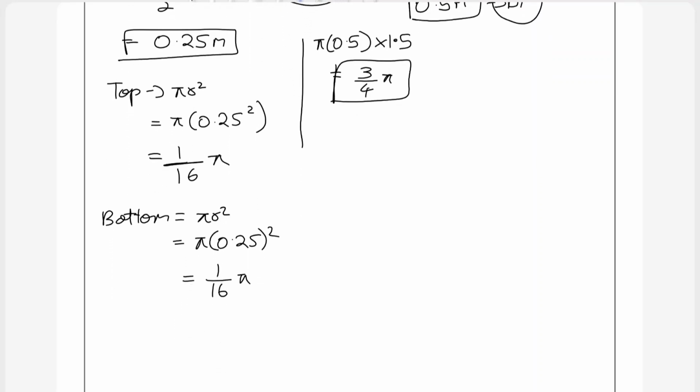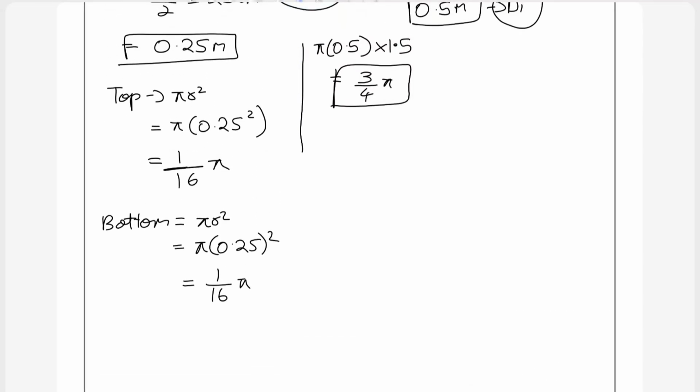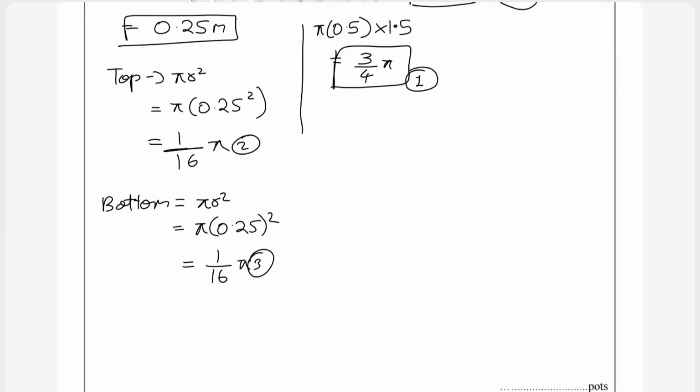After this, we will find the total surface area. To get the total surface area, since we got the first one, second one, third one, we add them all for the total.